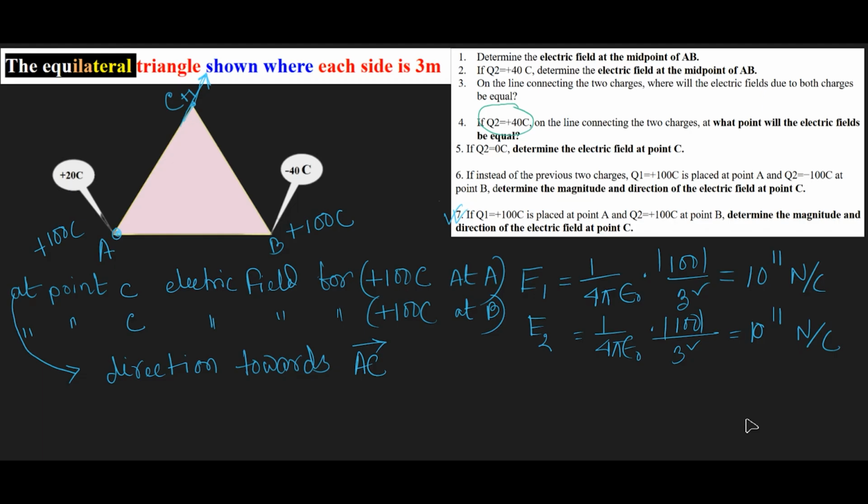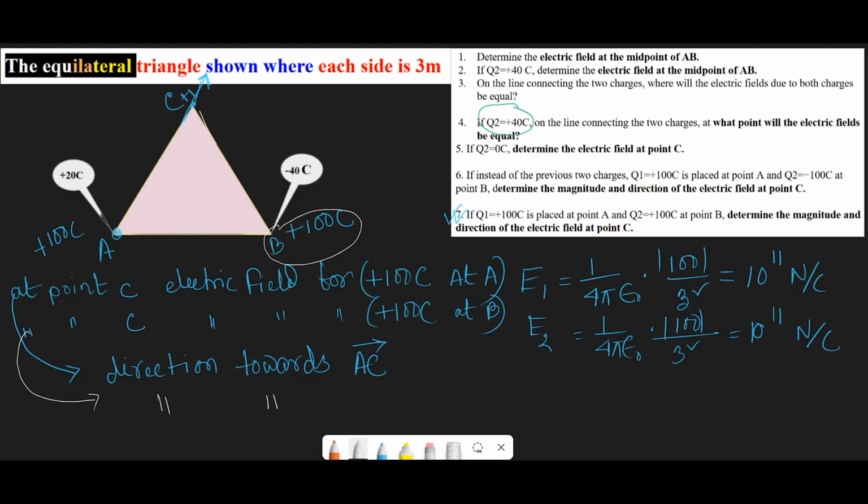And for the second case, number B, direction towards, so here at point B the charge is positive and here obviously positive, so they repel each other.